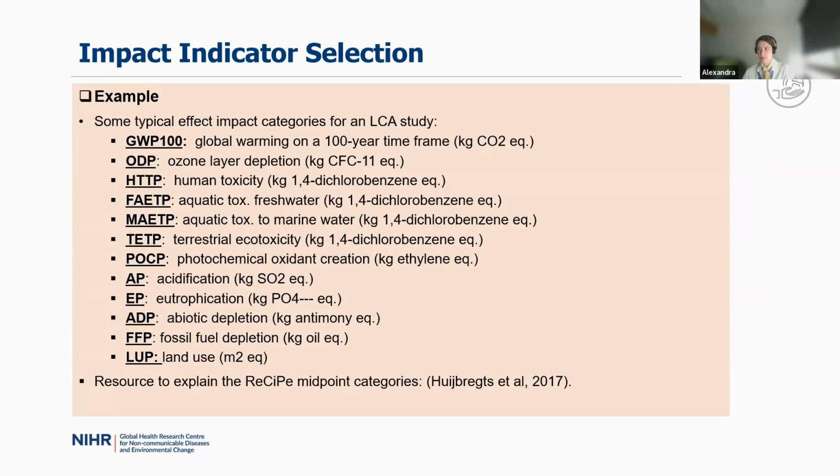You need to select your impact indicator carefully, because you also don't want to overwhelm the reader if you're doing this for a publication, or when you're making a decision, you want to do it based on the most suitable ones, but also be aware of all of them. A good resource for this, I think it was previously sent out, is the Huijbregts paper. It goes into detail on every impact indicator.